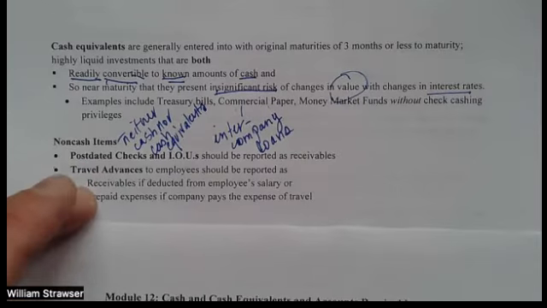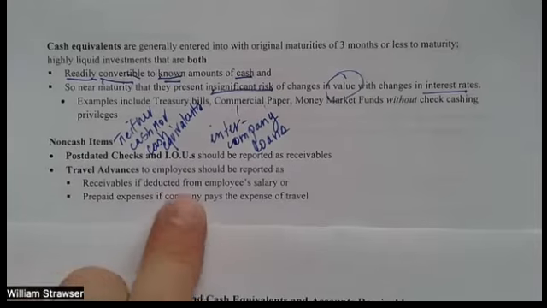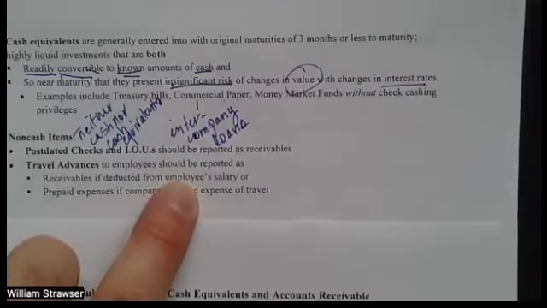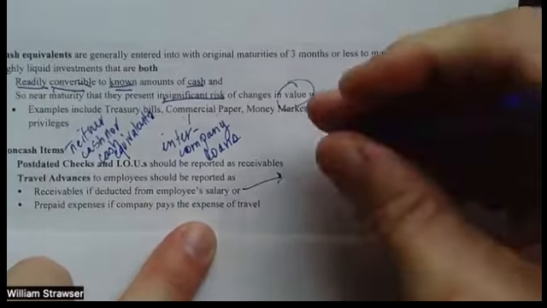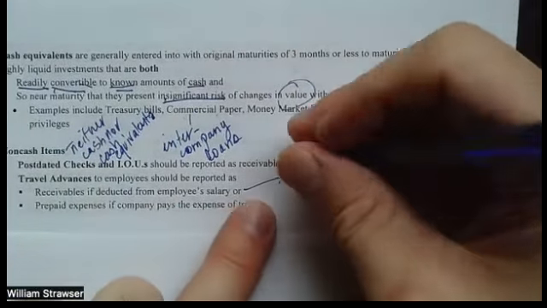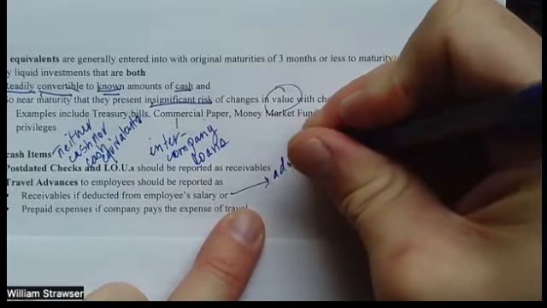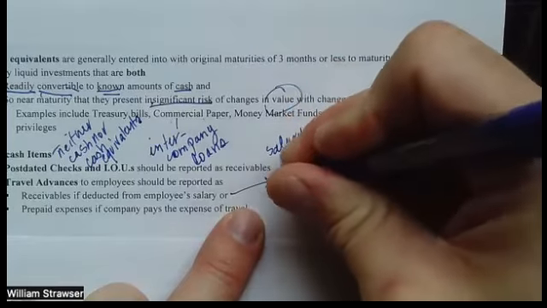We can give travel advances to our employees. That would be a sort of a receivable. And it's a receivable if we're going to deduct it from the employee's salary. So in that case, what we're doing is we give a salary advance to the employee.